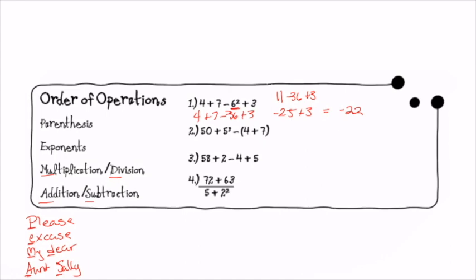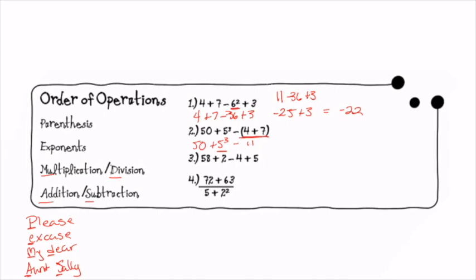Okay, for the next one, the first thing we have to look at are the parentheses. So we have 11 minus 5 cubed, plus 50. The next thing would be our exponent.